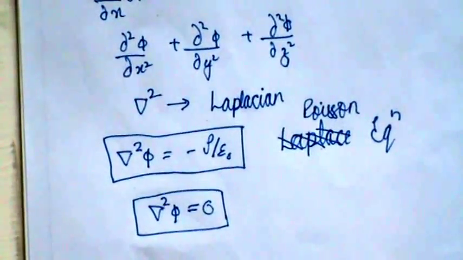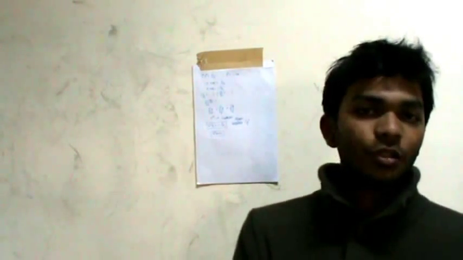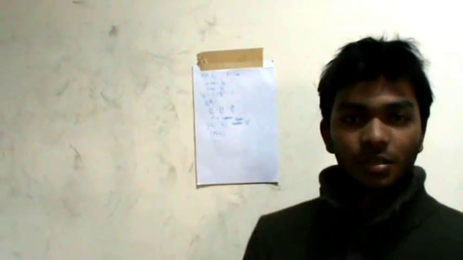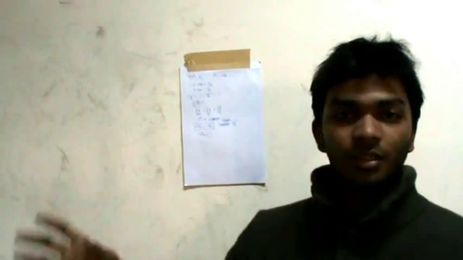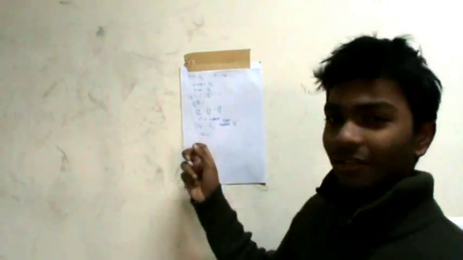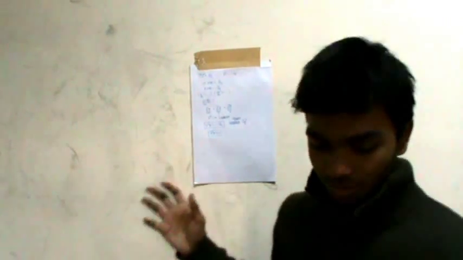If you remember in Phi 102, when you did simple harmonic motion, the oscillator's equation was much easier to solve for the homogeneous case when your RHS was 0. When it is not 0, you have to find a particular solution and so on. So this makes life a little easier. So right now we'll focus on this Laplace equation.